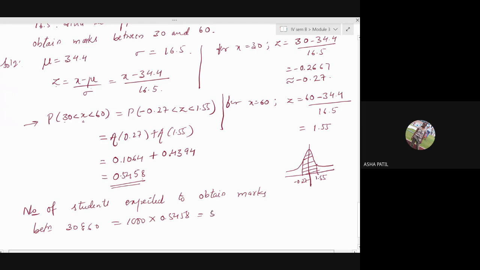So I get 545.8, which can be written as 546. Are these values correct? Have you verified the table values? Yes, ma'am. Okay. I have written 543, so I asked about 546.